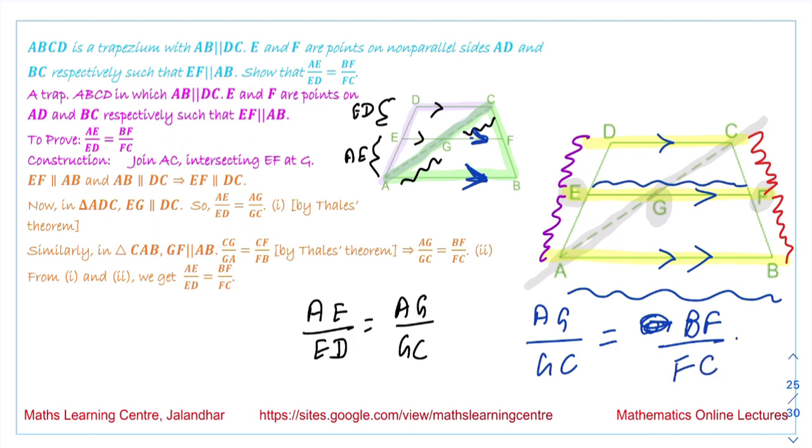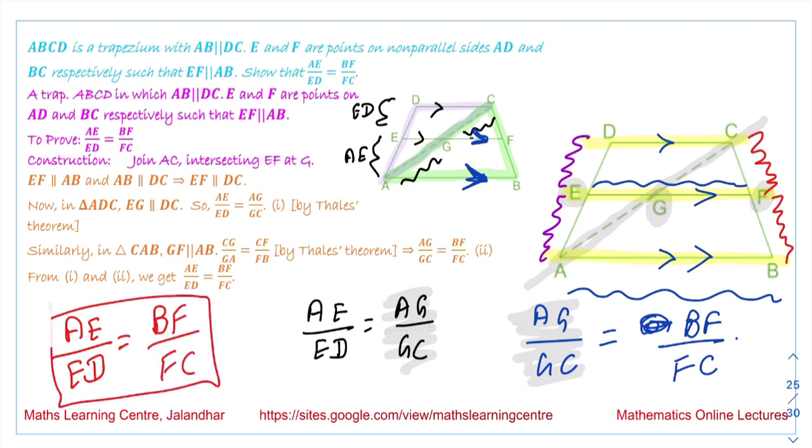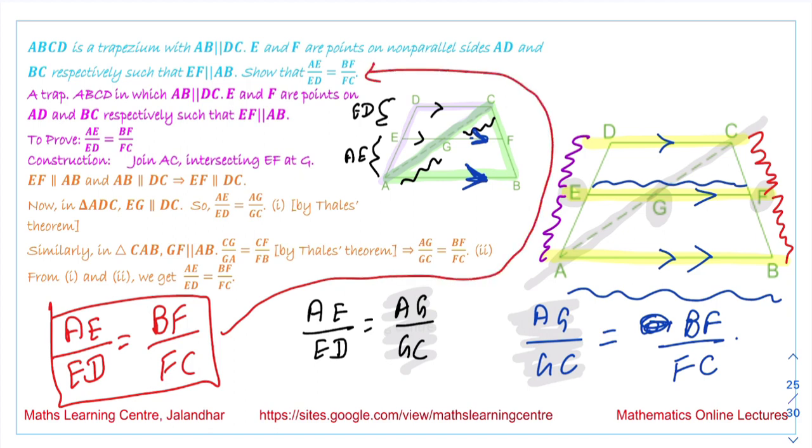So by combining these two results, we see that the right hand side over here and left hand side over here are equal. We obtain that AE over ED is equal to BF over FC. So this is what we have to prove, that AE over ED is equal to BF over FC.